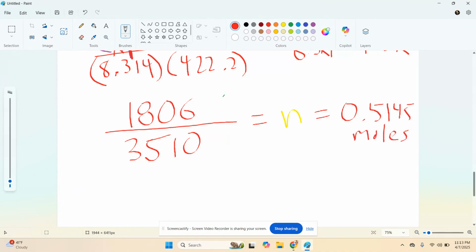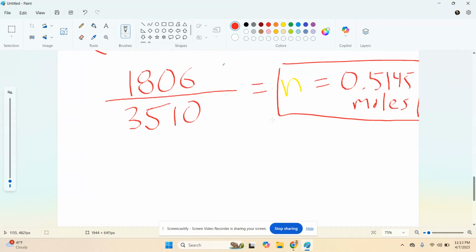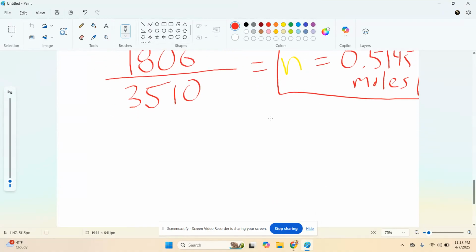So roughly half a mole of gas. Now, if you were reading this problem carefully, you'll notice that we're not asking for moles. We want grams. We want grams of carbon tetrafluoride.